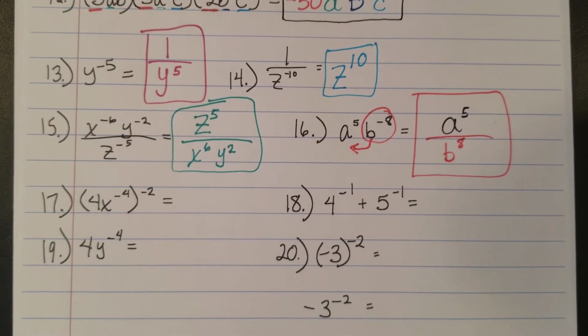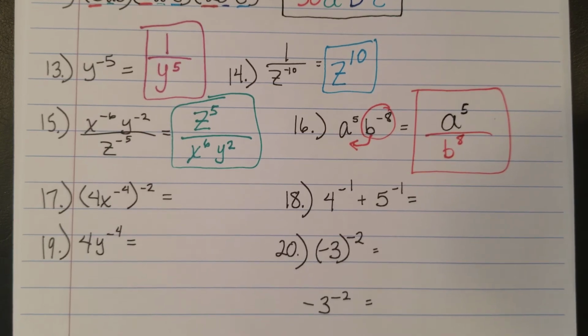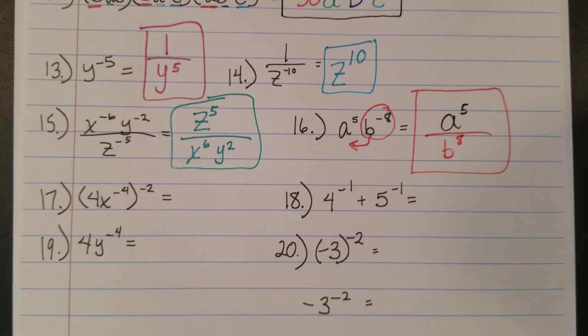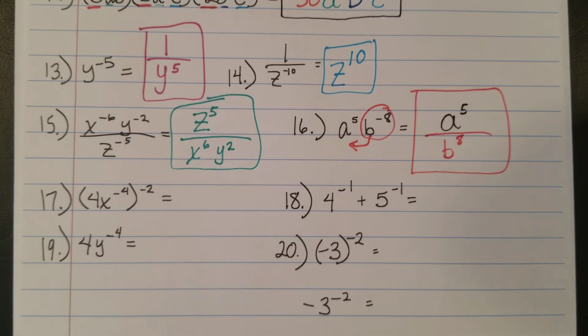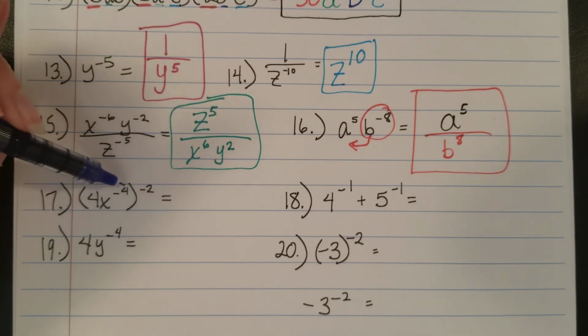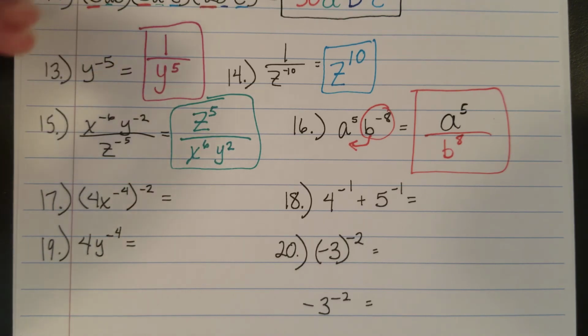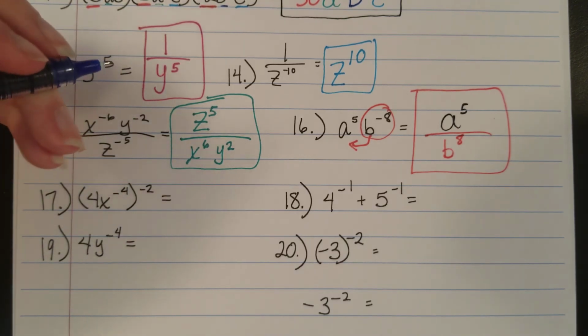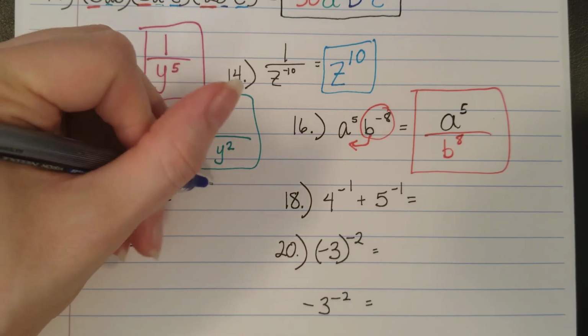Number 17. I don't know why I never give myself more space for that problem. It really needs a little bit more space. All right, well, we have something in parentheses with a negative exponent on the outside. So we could start by basically just putting the whole thing underneath a 1.